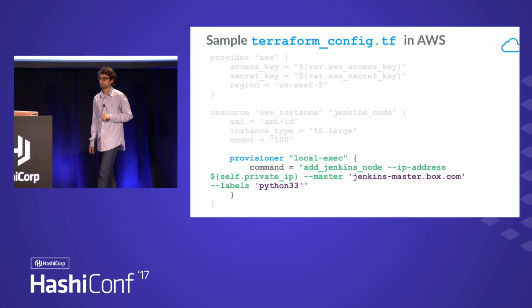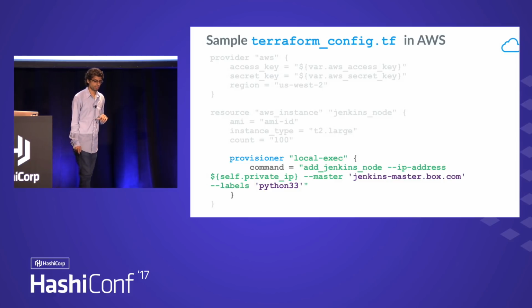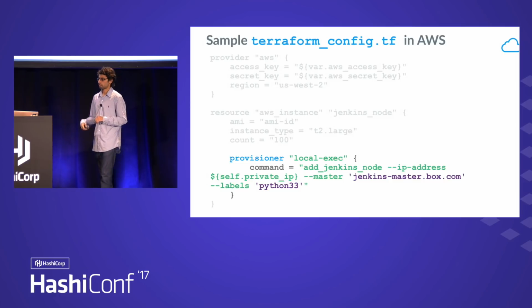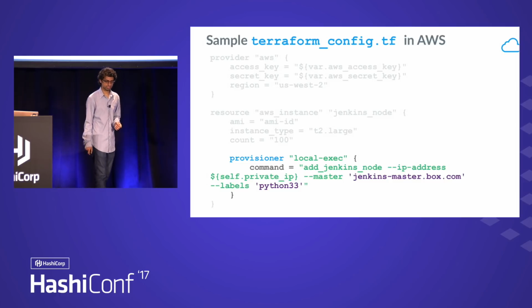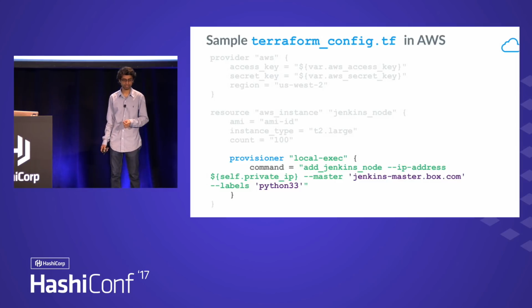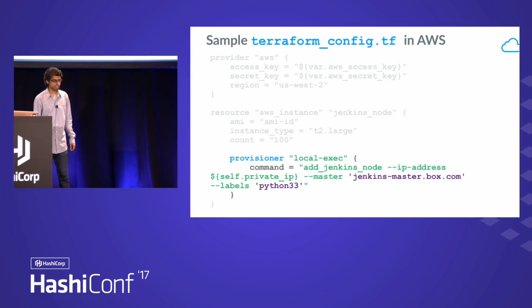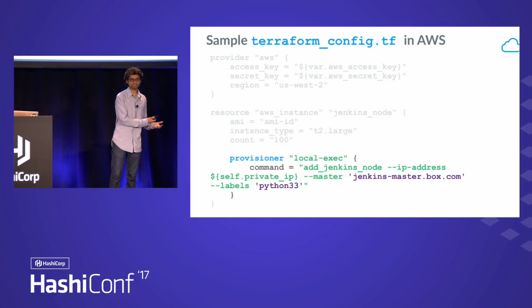Now, pay particular attention to this provisioner section. I am calling a shell script to add a Jenkins node. The Jenkins node is this instance that Terraform is creating, and it's attaching to this jenkins-master.box.com and applying the label Python 3.3 to it. This provisioner will be the same whether I'm deploying this instance in Amazon, Google, or OpenStack.